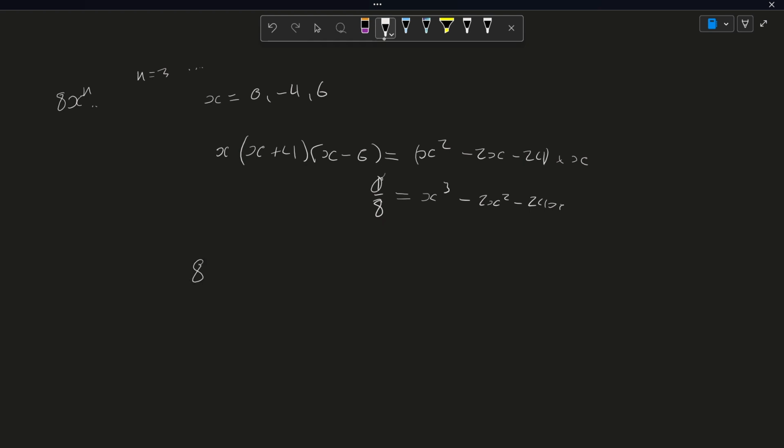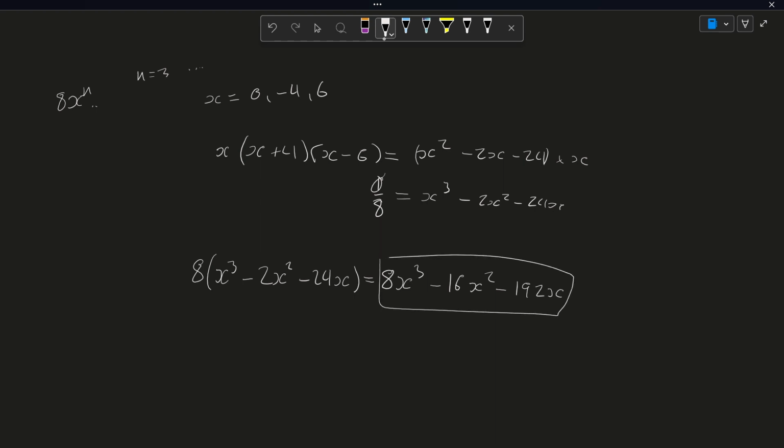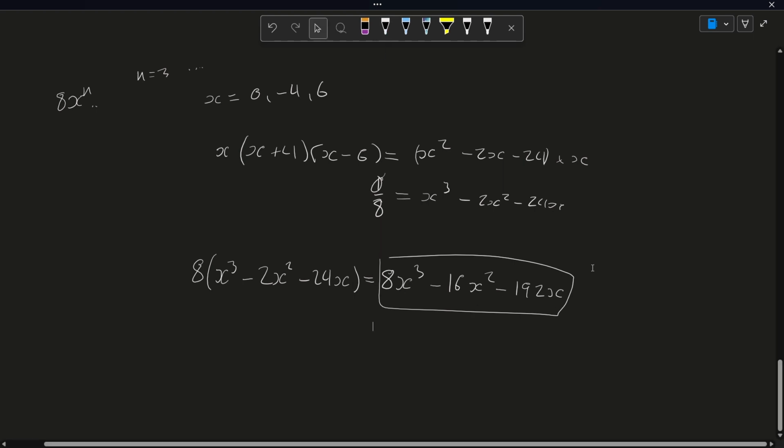So you get 8x cubed, minus 16x squared, minus 192x. We're done. Okay. We got the equation.